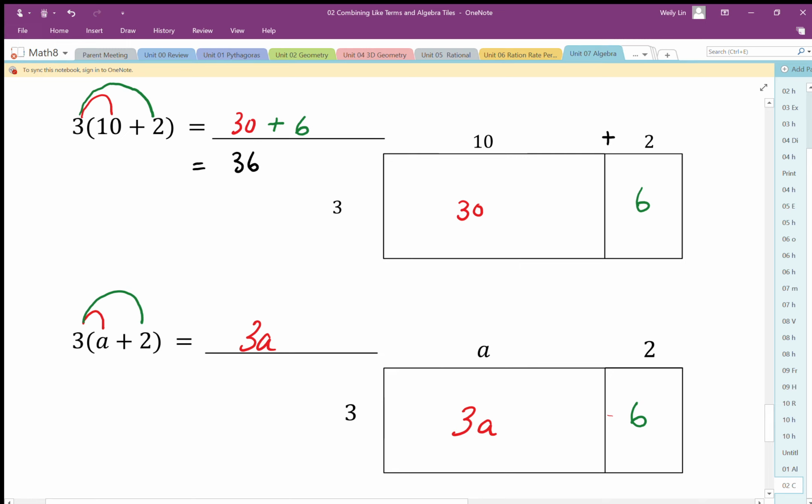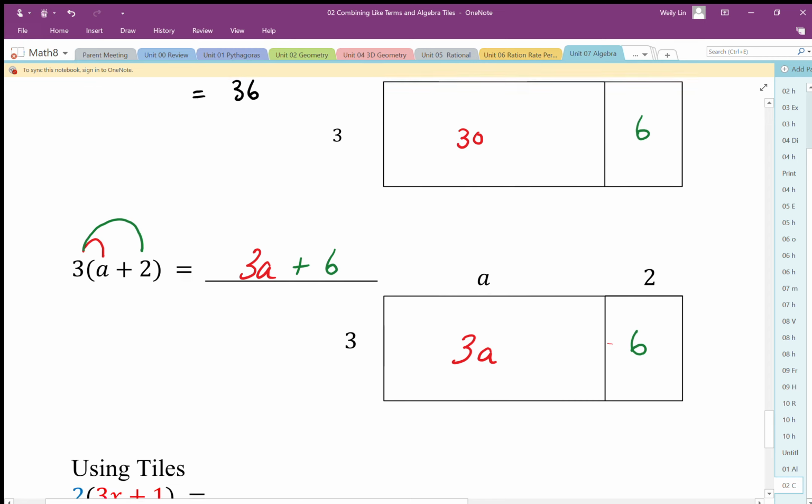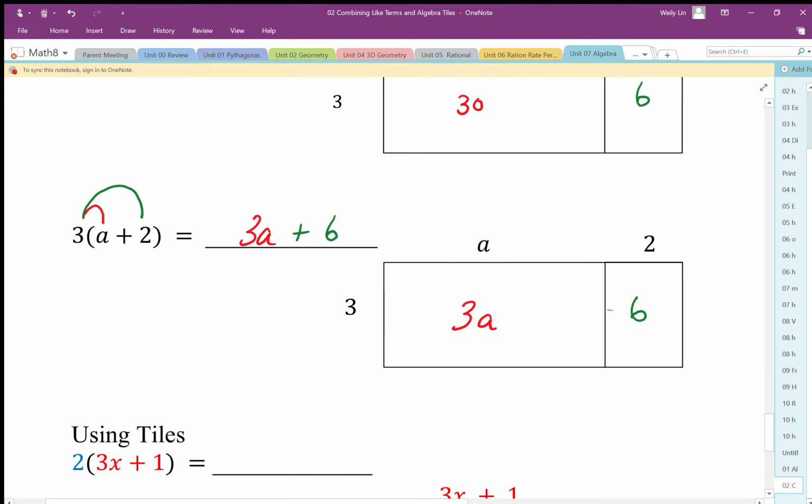I'm just going to do 3 groups of 2, and I'm going to add that on because these are not like terms. I can't combine them. This is still counting a's, this is still counting ones, and I can see that those 2 areas combine with addition. So this thing is something that we can do. We can actually show that we can get rid of these brackets using what we call distribution.